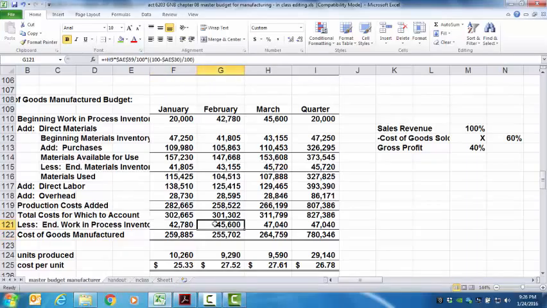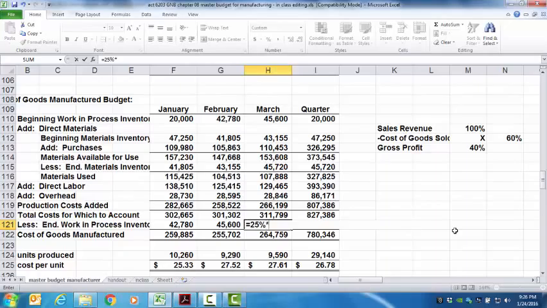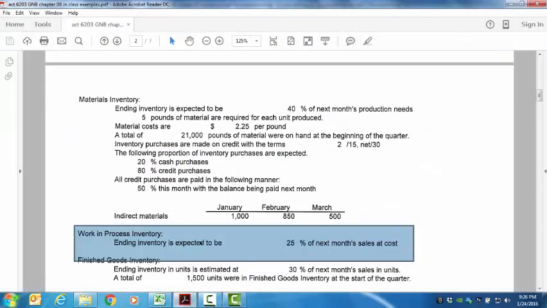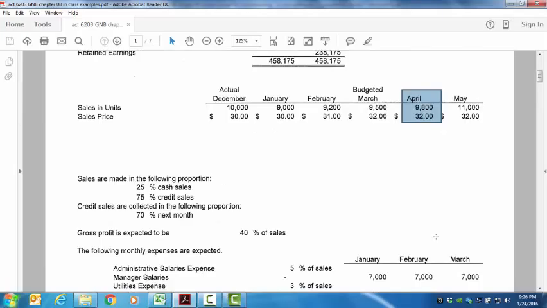Now I will do this same approach for February, making sure that I refer to March's sales. But when I get to March, I need April's sales. So let's do that one together. I need 25% of April's sales. And of course, our sales budget only went through March. So I need to come back to my data sheet, go back and see what is expected for April.